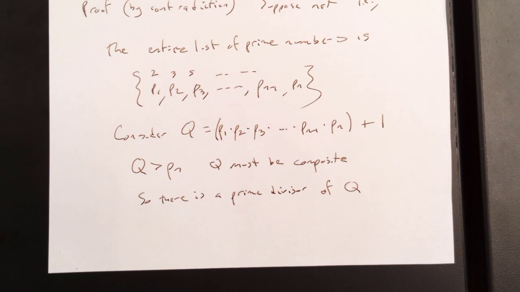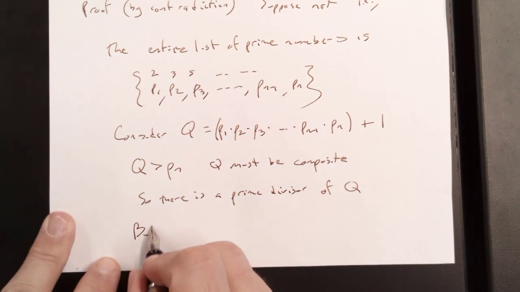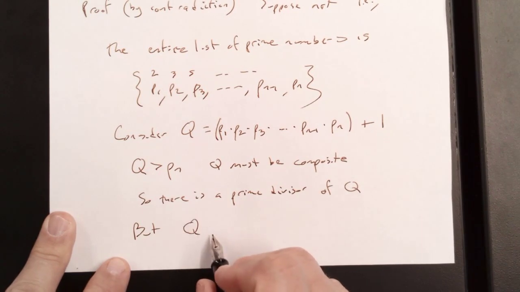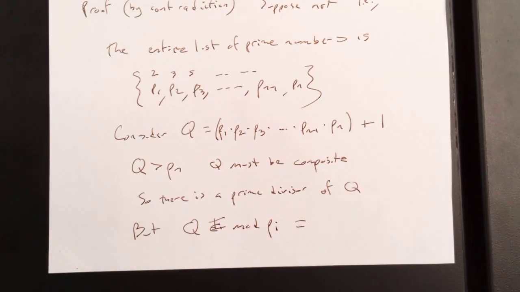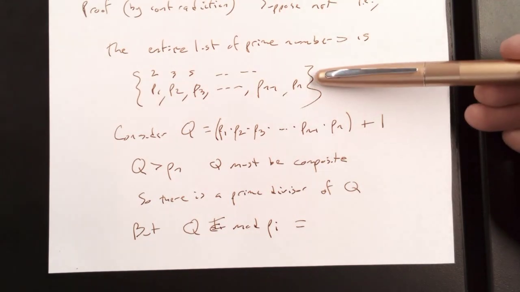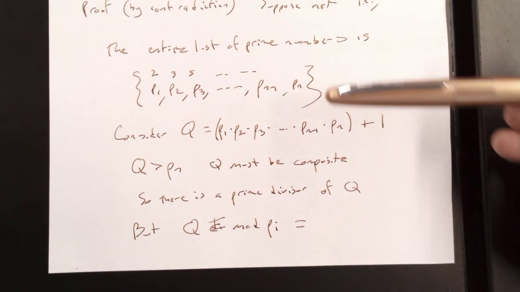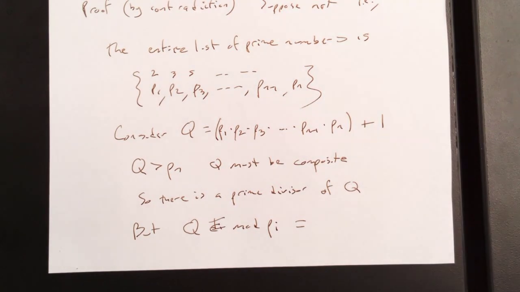But what happens when you divide Q by any one of the P's in my set? You take this number, you divide it by one of the numbers up here. Seth, you just leaned your head back and went, oh. It has to be 1. There's a remainder of 1.